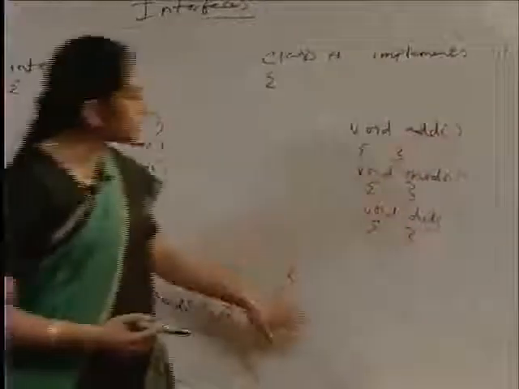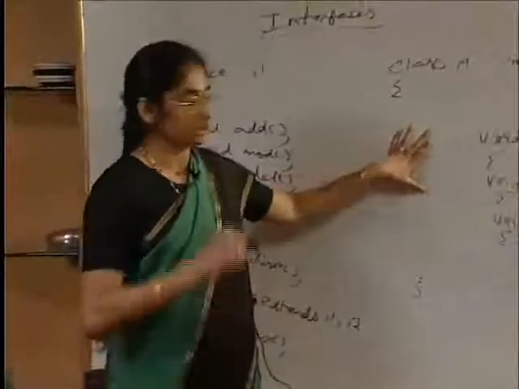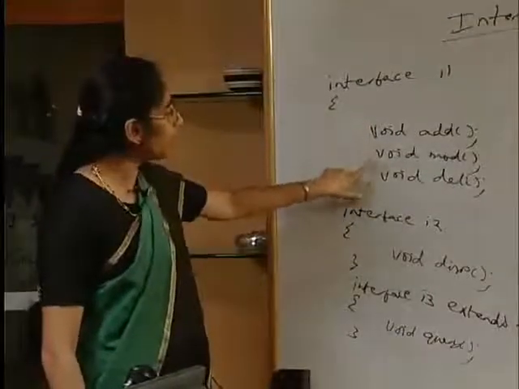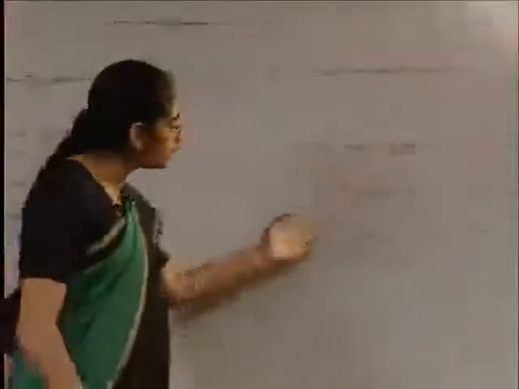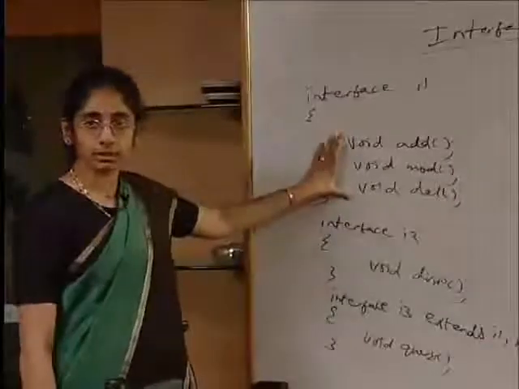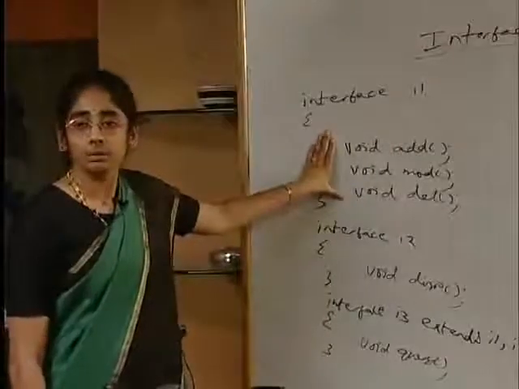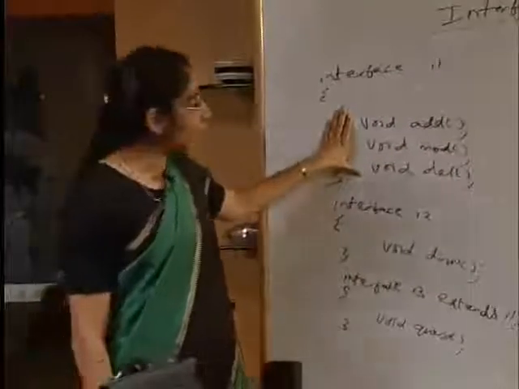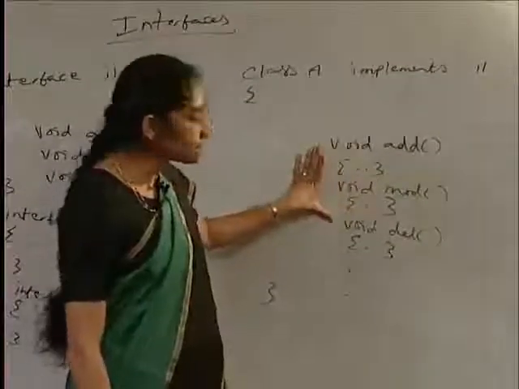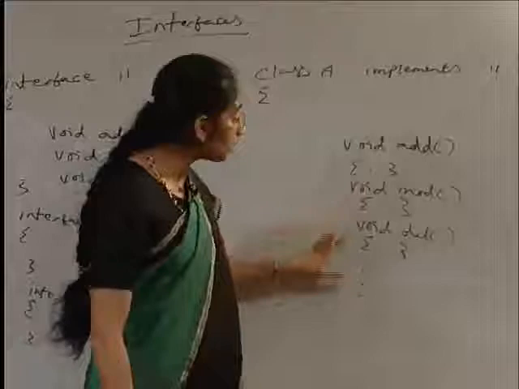Now if I were to compile this class, I would get an error. What is the error? If you look at this interface, you have defined void add, mod and del, and the same way you try to define them here in class A. But we said by default, without you mentioning the modifiers, the methods are public abstract. And when you're implementing the methods of the interface, you're implementing them as default or package specified, because you never mentioned public here.